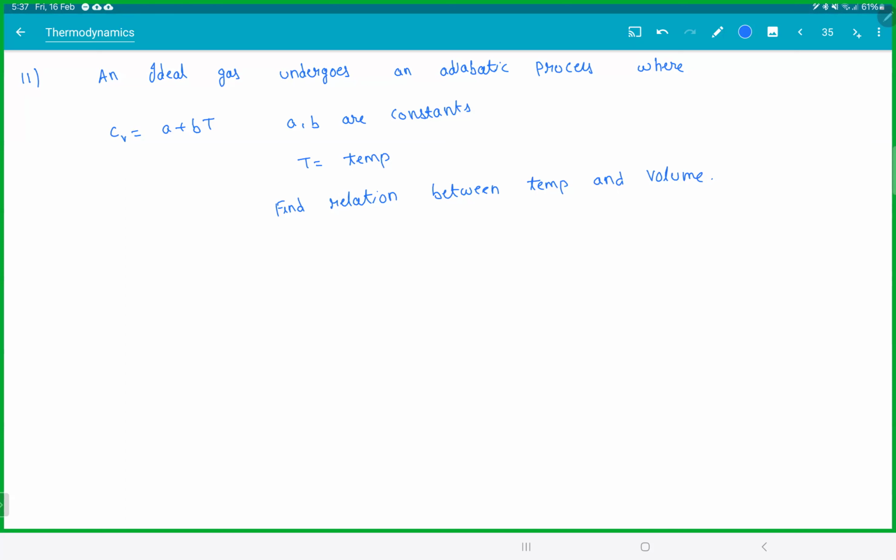How do we proceed? You said it's an adiabatic process, so start from there. dQ is dU plus dW.